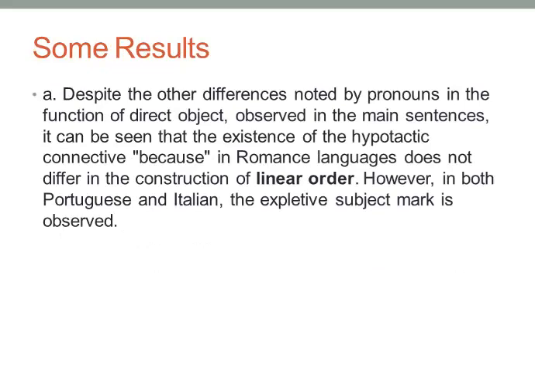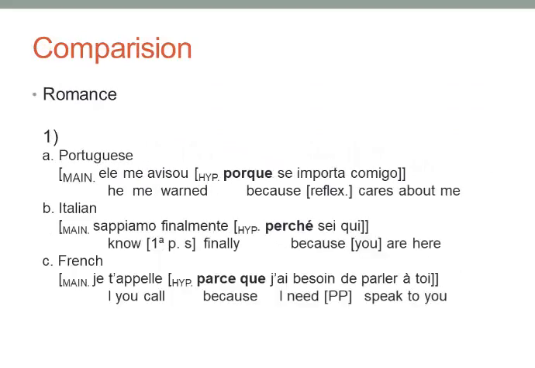Some final results we can see from here: despite the other differences noted in the pronouns and the function of direct object observed in the main sentences, it can be seen that the existence of the hypotactic connective because in Romance languages does not differ in the construction of linear order. As we said, all the verbs come right after the connective: porque se importa, perché sei, parce que j'ai besoin.